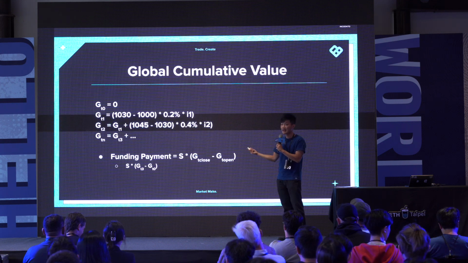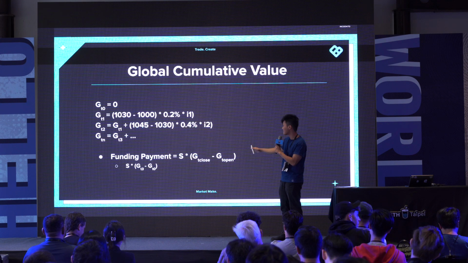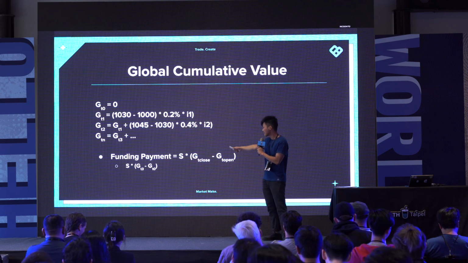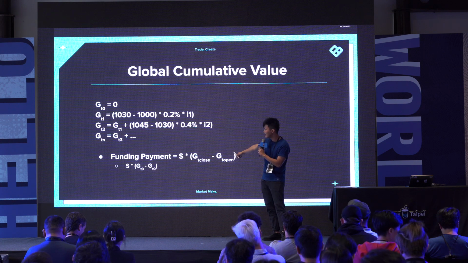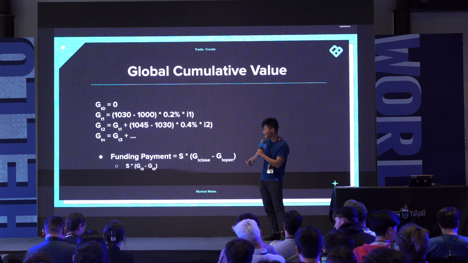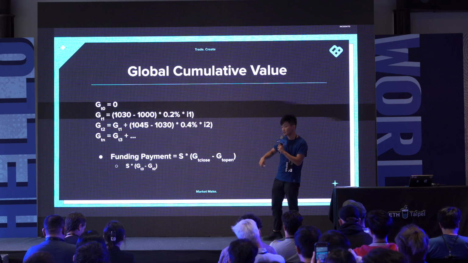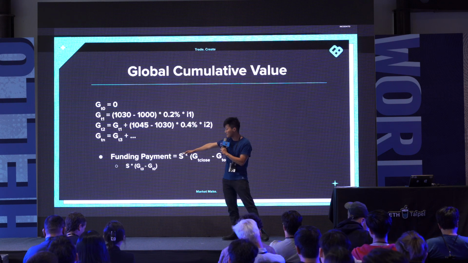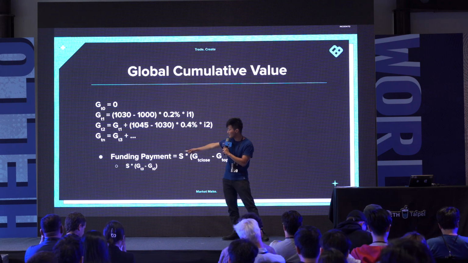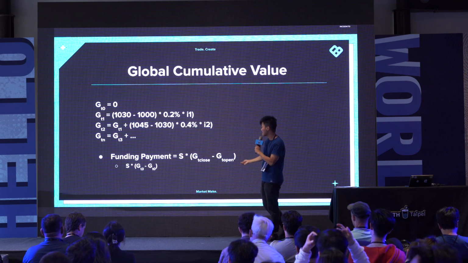Then we can define the funding payment as position size multiplied by the global cumulative value at time close minus the global cumulative value at time open. This open and close describe the behavior of a position. So in the previous case, it's the position size multiplied by the difference between the global cumulative values at T3 and T0.